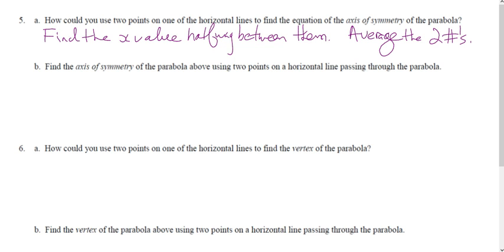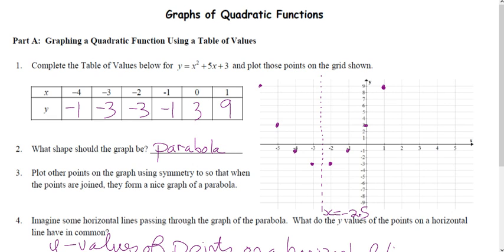Average the 2 numbers. Find the axis of symmetry of the parabola above using 2 points on a horizontal line passing through the parabola. From the table of values, we had 2 points. What were the 2 points?